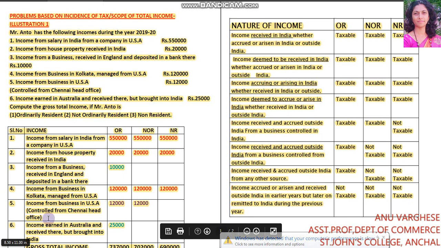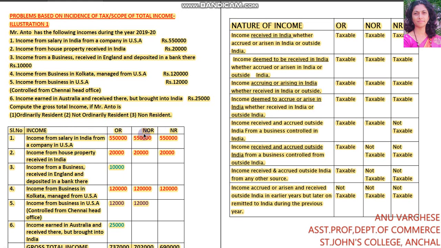Now let us start doing the problem. For answering this kind of problem, first of all you have to draw a table like this and insert these columns: serial number, income, income details, then three columns: ordinarily resident, not ordinarily resident, and non-resident.